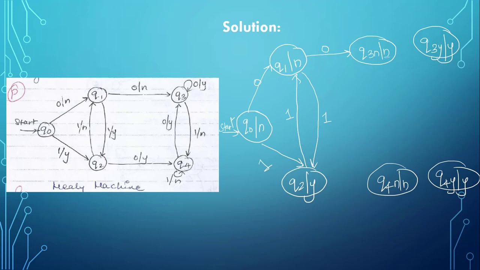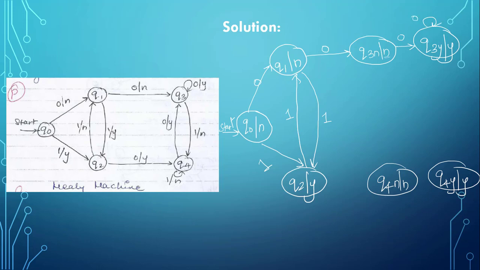Okay. Now next one is from Q4. We will first complete Q3, then we will come back to Q4. So from Q3 we have a self loop over 0/Y. So from Q3N we will go to Q3Y over 0 and a self loop in Q3Y over 0.